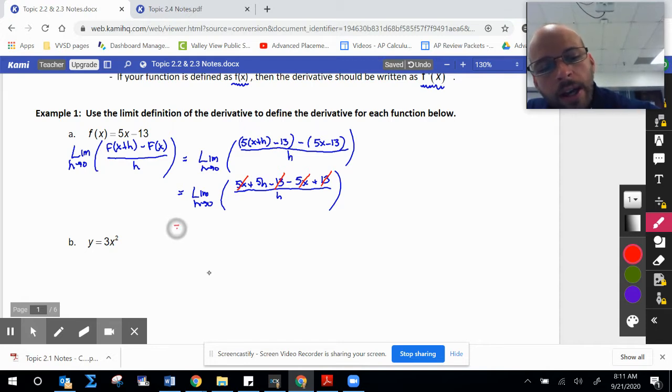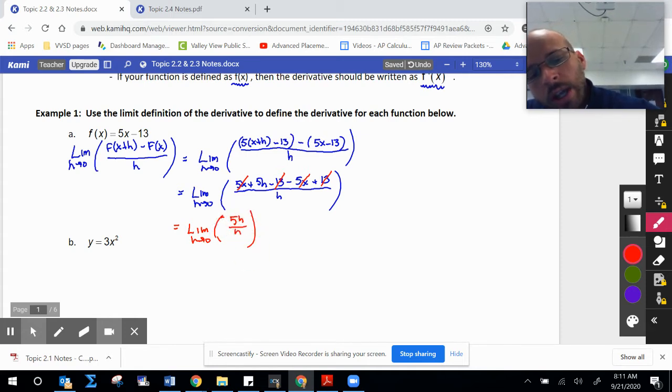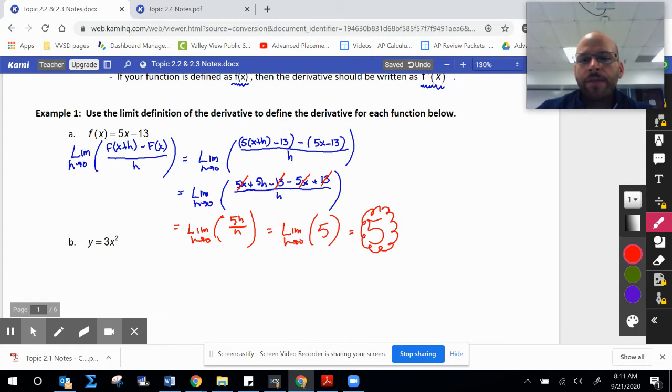So I now have the limit as h approaches 0 of 5h over h. And if you reduce those h's, we get the limit as h goes to 0 of just 5. And if you take the limit of any constant, you just get that constant. So I get 5 to be my answer.